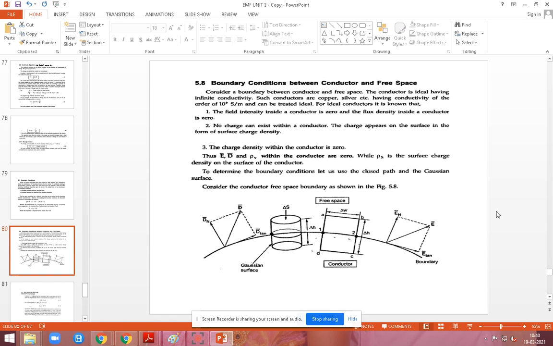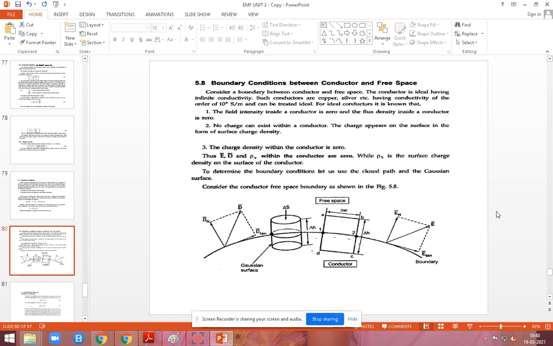Okay, no charge can exist within a conductor. The charge appears on the surface in the form of surface charge density. So if your conductor has no charge inside it, the charge density within the conductor will be represented as 0.